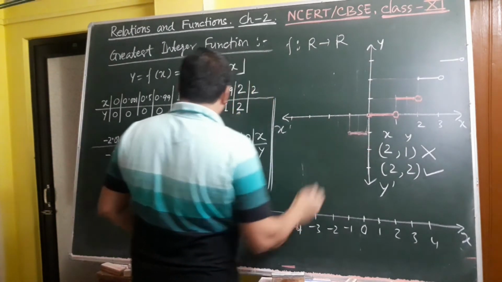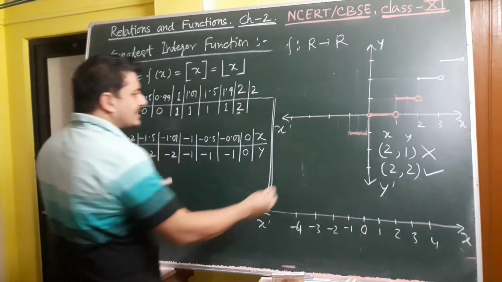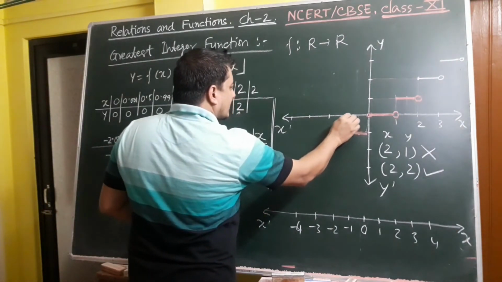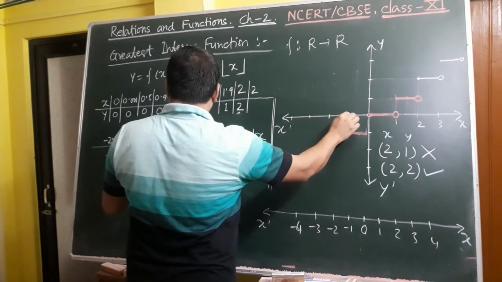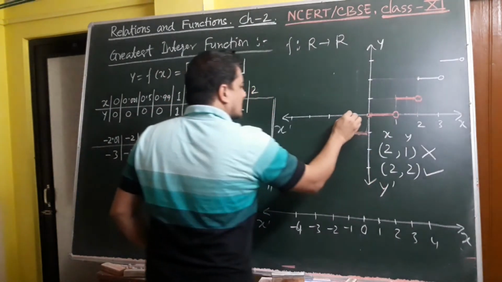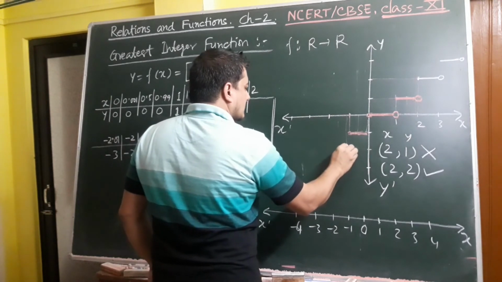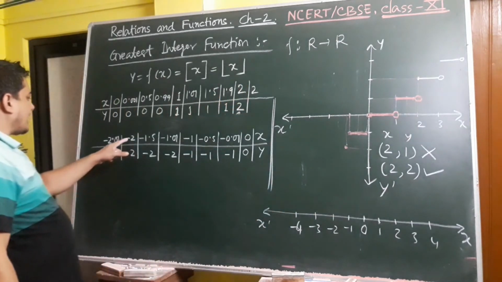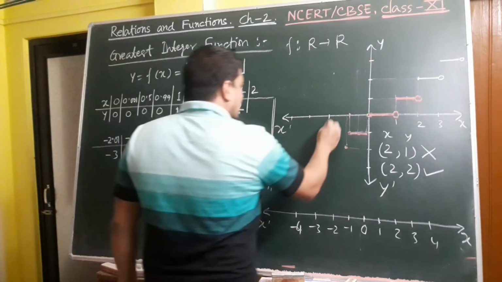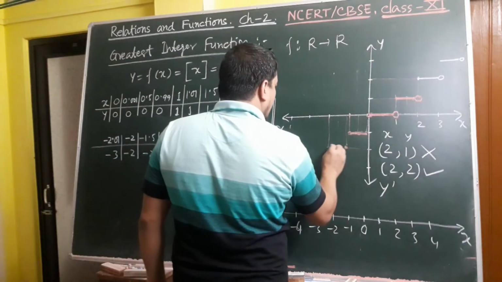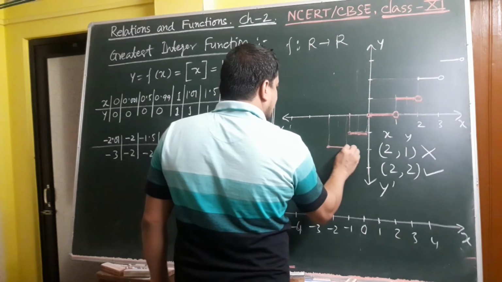So it is like this. Then if you move slightly to the left of minus 1, it drops to minus 2, and till minus 2 it is minus 2. So you just connect this.